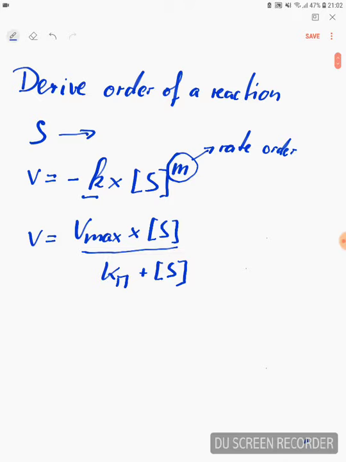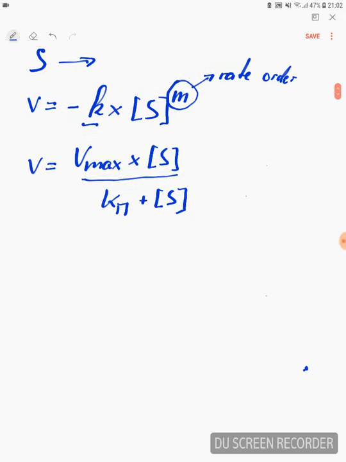So how can we actually do that? Well, one thing that we want to bear in mind is that the order of a reaction tells us basically how the rate changes if we change the substrate concentration. So let's write this down.